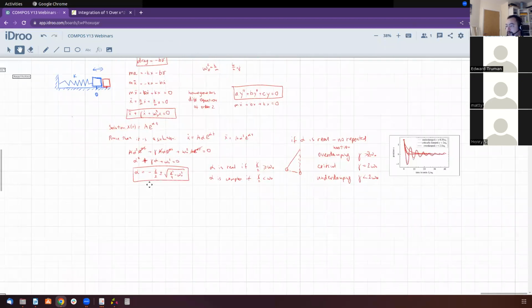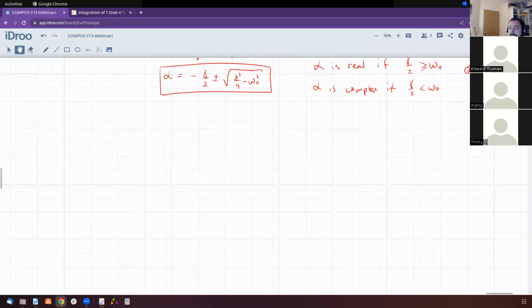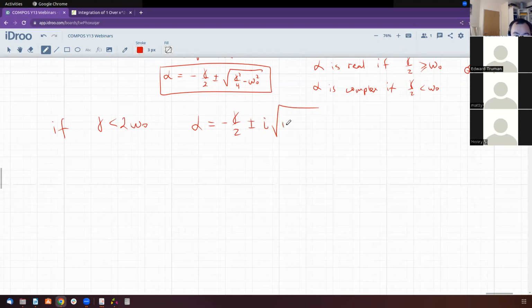Now, if the solution is complex, thank you for letting me know, if gamma is less than 2 omega 0, then alpha can be written as minus gamma over 2 plus or minus i times the square root of omega 0 squared minus gamma squared over 4. So we take the i out of the square root, and this becomes positive.